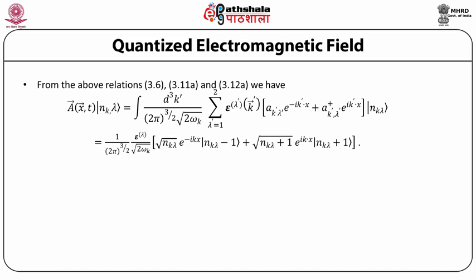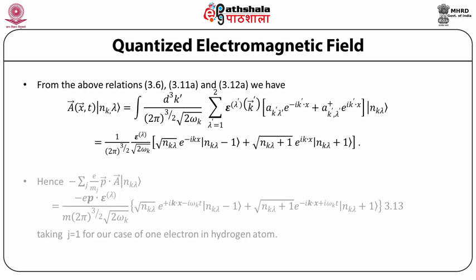And this gives us two terms, one with the ket nk lambda minus 1, the other with the ket nk lambda plus 1. The coefficient of the ket with nk lambda minus 1 is square root of nk lambda, whereas the coefficient of the one with the ket nk lambda plus 1 is equal to square root of nk lambda plus 1. And the whole expression is multiplied by 1 over (2 pi)^(3/2) into epsilon lambda divided by square root of twice omega k.